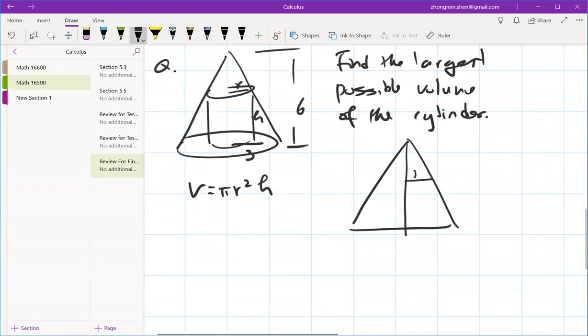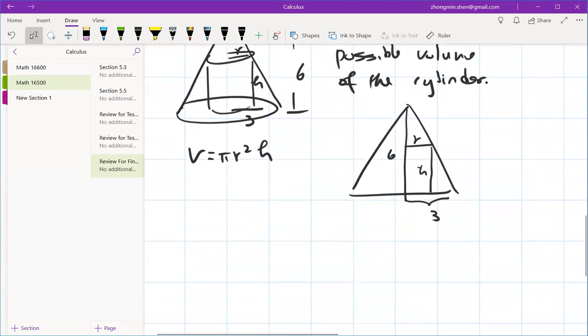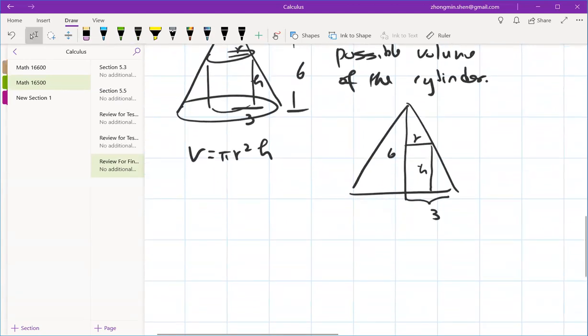This is r. This is h. Here's a 3. This is a 6. That's the geometry, right? Similarity of triangles. This is required for this calculus course.